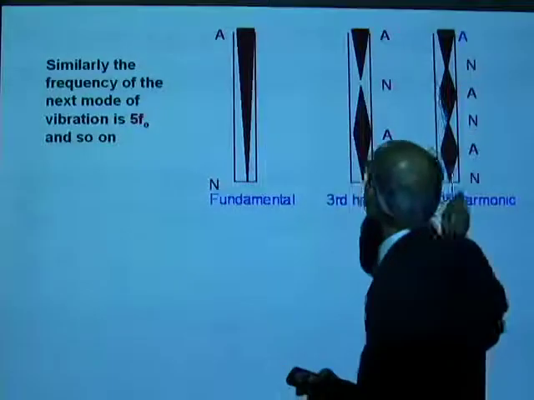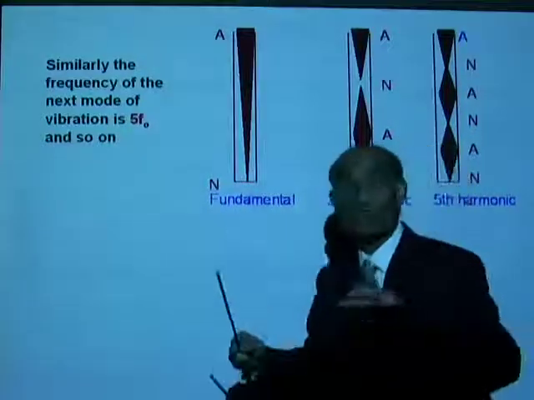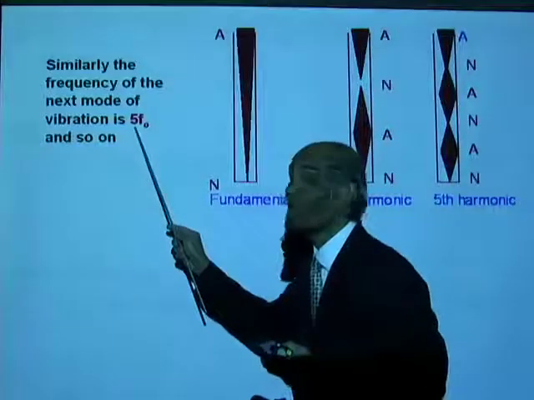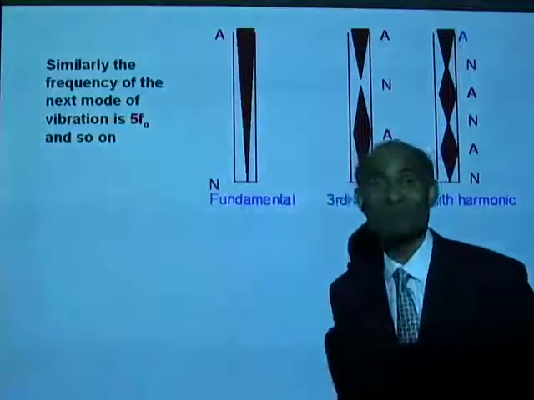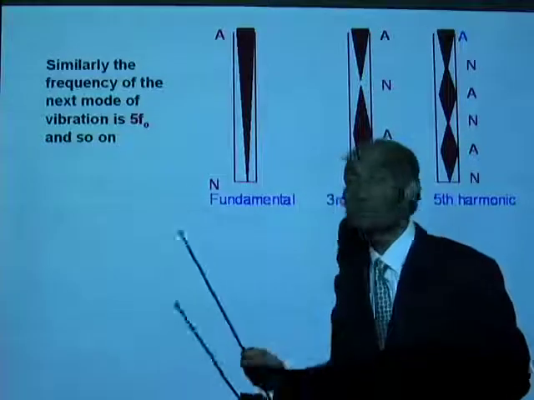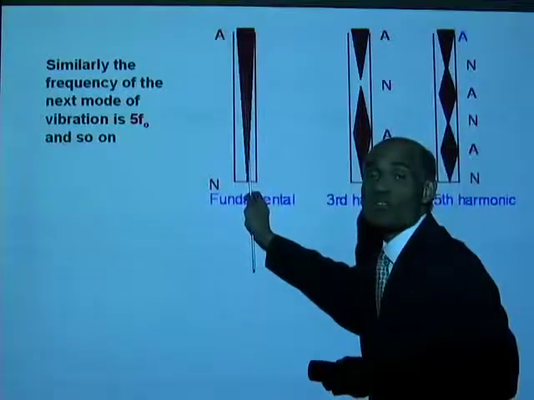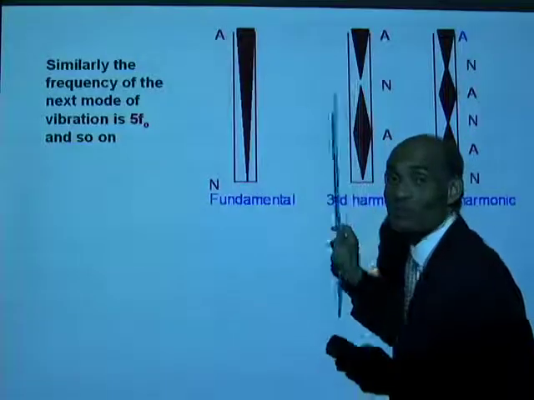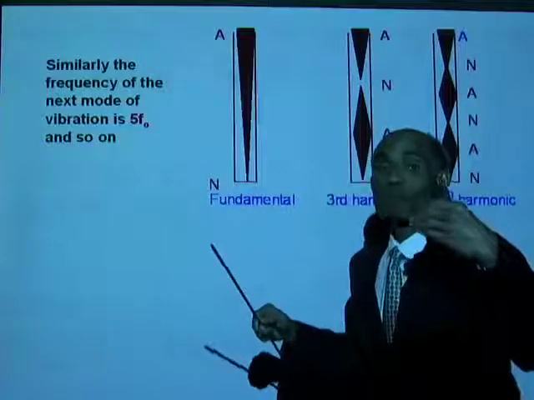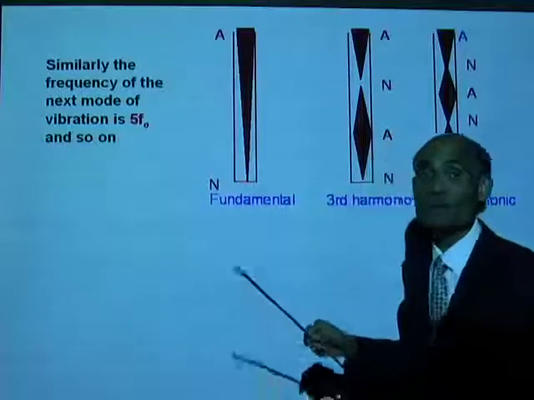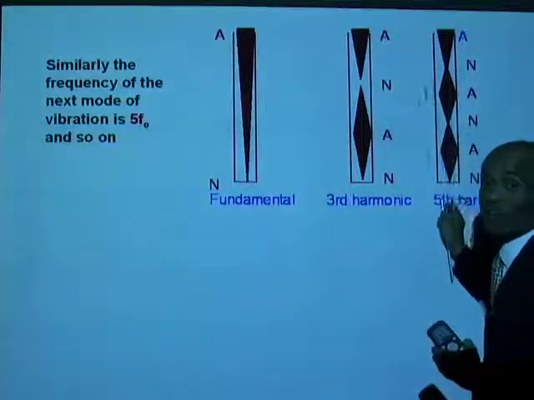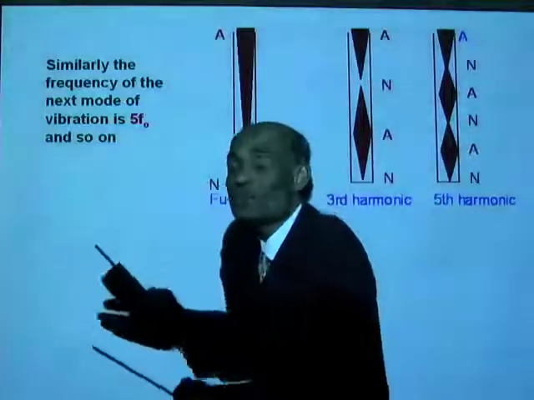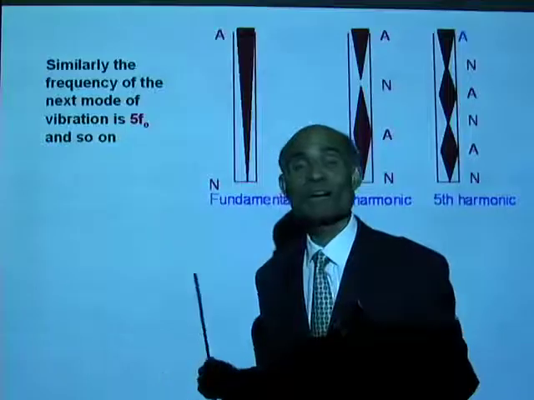That means the frequency of this vibration, if you do the same thing as I showed you previously, you will find that it will be 5 times the fundamental. That means if f0 is the fundamental frequency, in the next mode of vibration the frequency will be 3 times the fundamental, and in the next mode the frequency will be 5 times the fundamental, the next will be 7 times the fundamental, and so on.